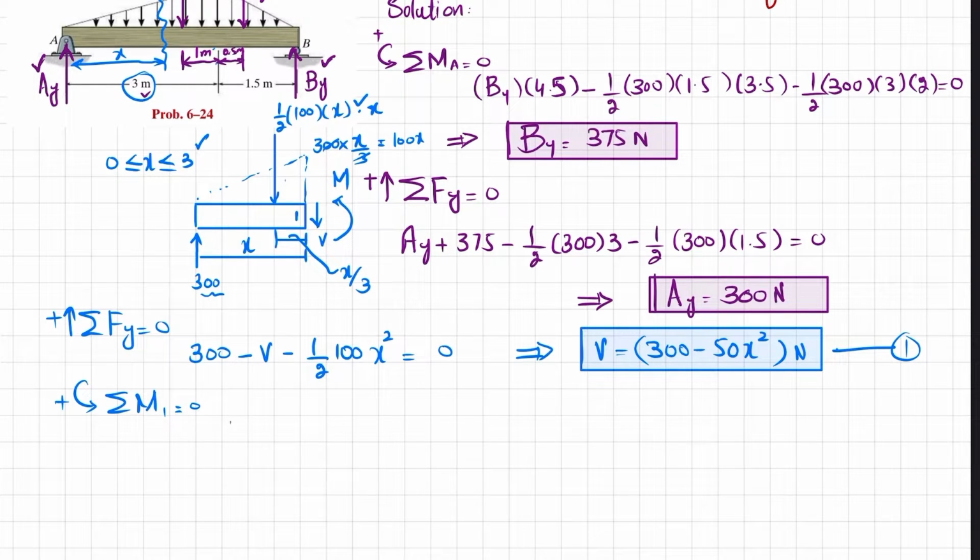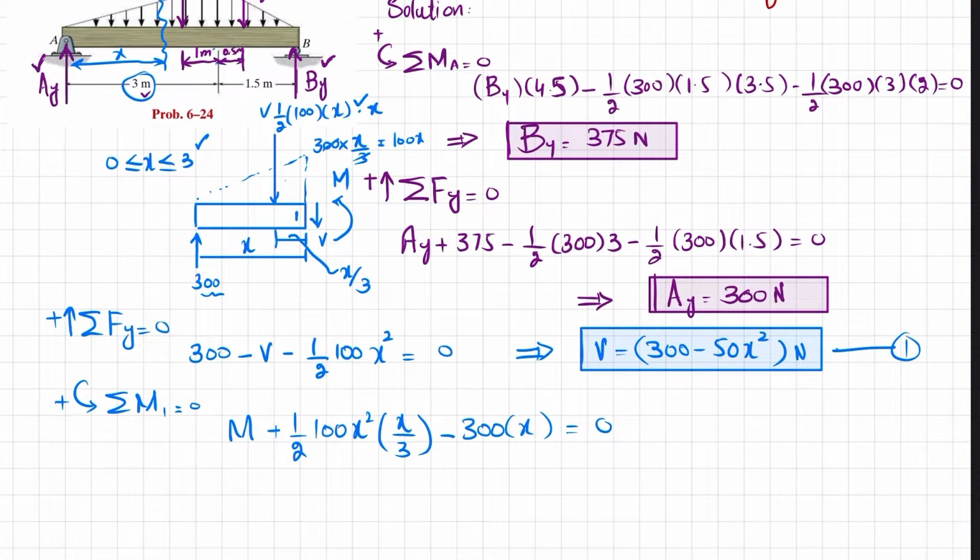So M is counterclockwise, plus 1 over 2 into 100x square acting at a distance of x by 3, minus 300 into perpendicular distance x.